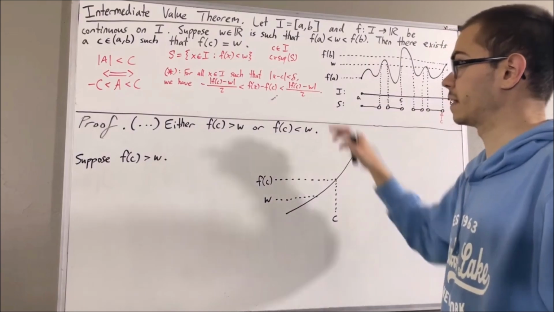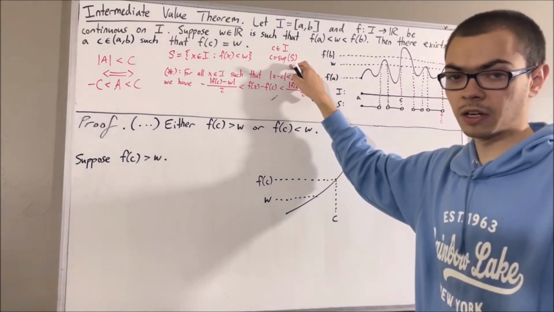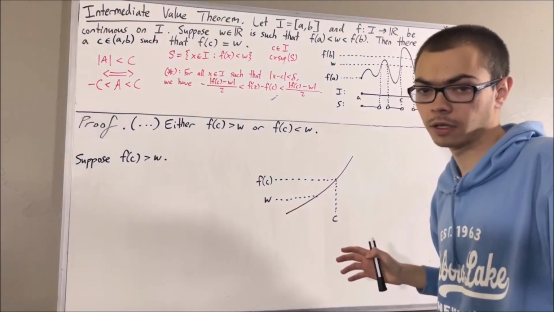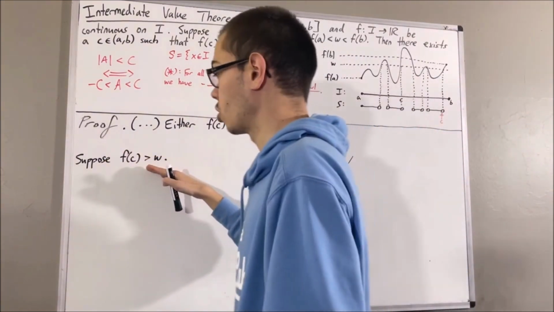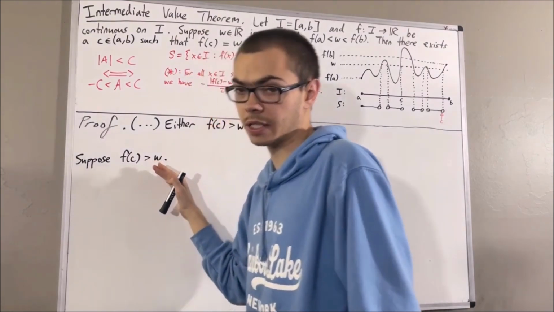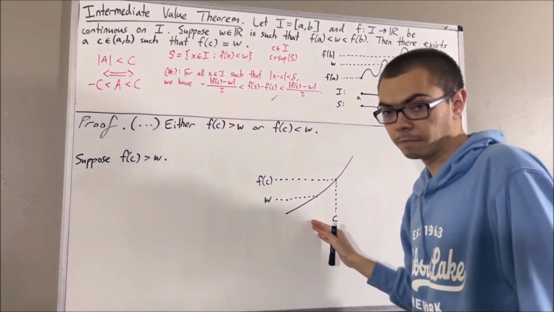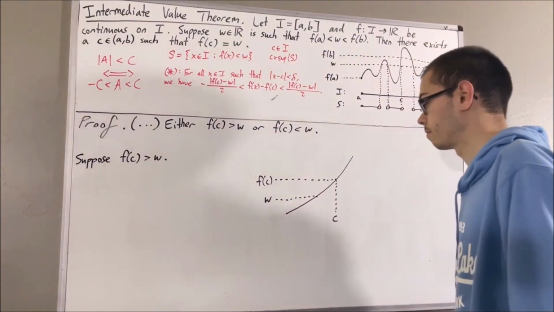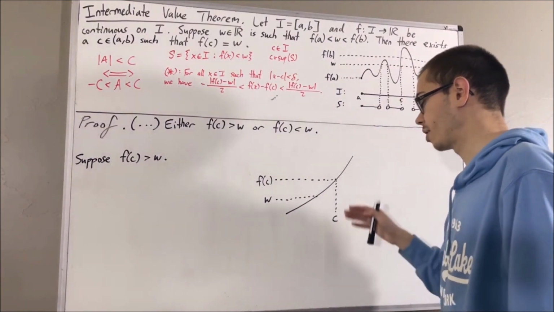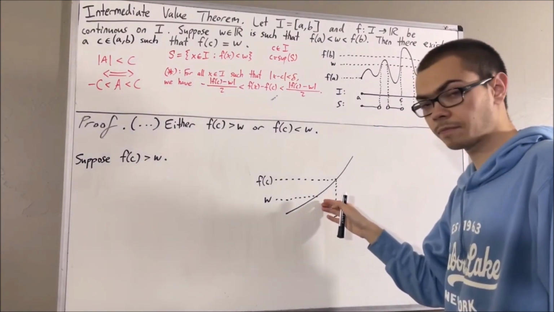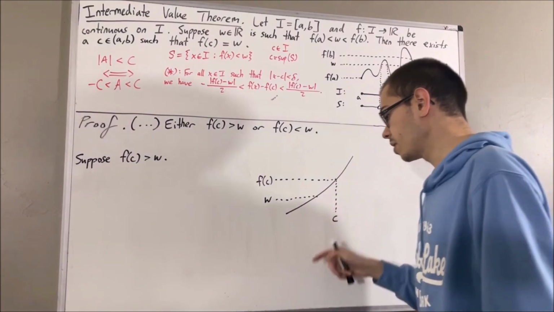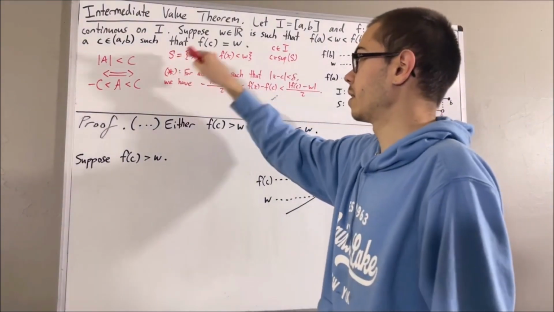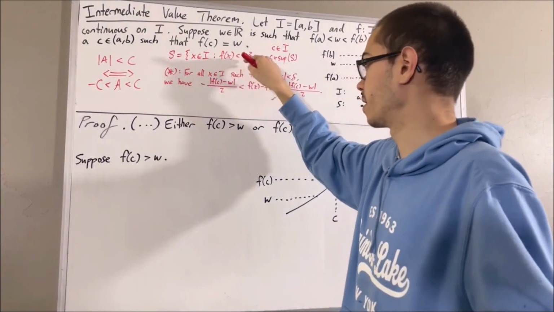Also, since c is the least upper bound of S, there can't be any upper bound of S to the left of c. Well, in this case, we're going to actually show that there is an upper bound to the left of c, and that will contradict the fact that c is the least upper bound of S. To see why we should expect there to be an upper bound to the left of c in this case, we know that to be an element of S means the output value yielded through the function f is less than w.